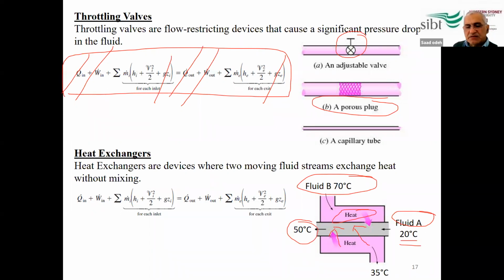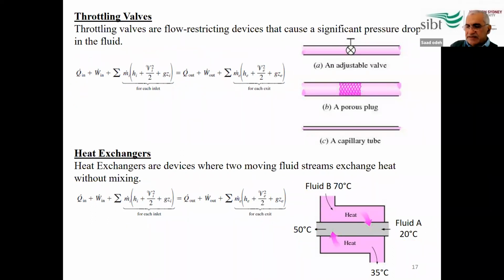Okay, so this is a simple form of heat exchanger. Again, you can apply the same energy balance equation, and you eliminate all the parts that you believe do not exist here, and reduce the equation to a simpler form.